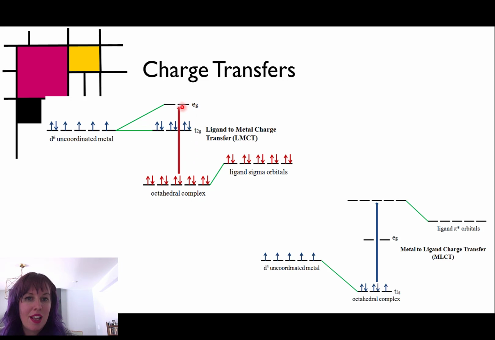So this is a ligand to metal charge transfer. You could also imagine a situation where you have empty antibonding orbitals on your ligands, and you could get excitation from your metal to your ligand. So this is a metal to ligand charge transfer, and this is a ligand to metal charge transfer. Both of these charge transfer events are very common with transition metal complexes as well.